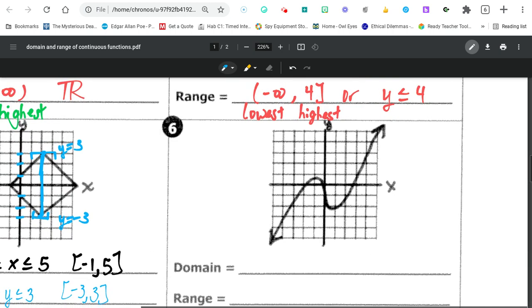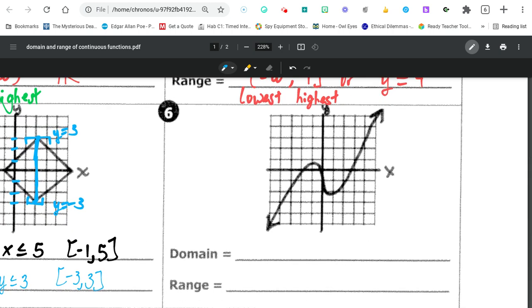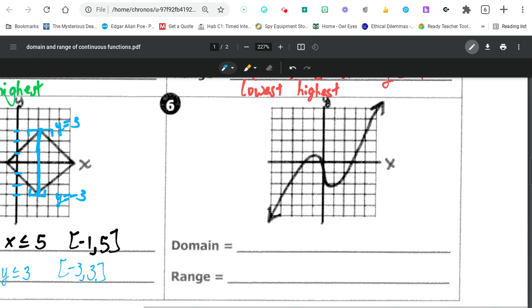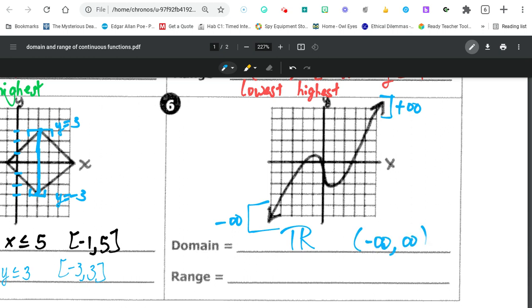All right, let's take a look at 6. And if you take a look at number 6, how far left? It's got the arrow, so it approaches negative infinity. Okay. How far right? It approaches positive infinity because it has the arrow. So your domain is all real numbers, or you can put negative infinity to positive infinity again.